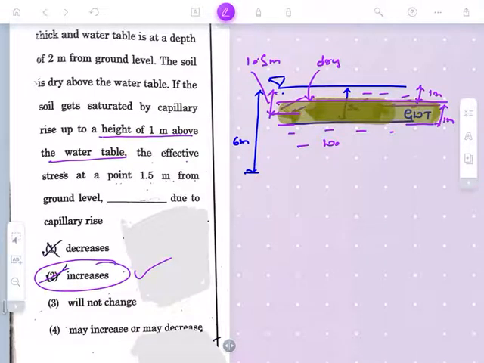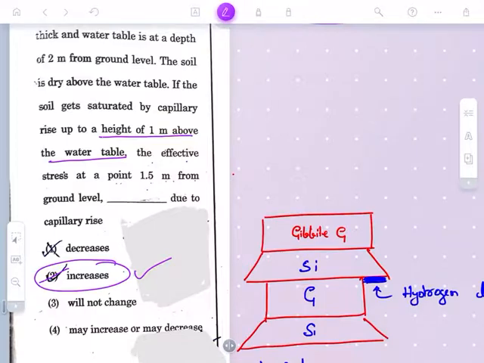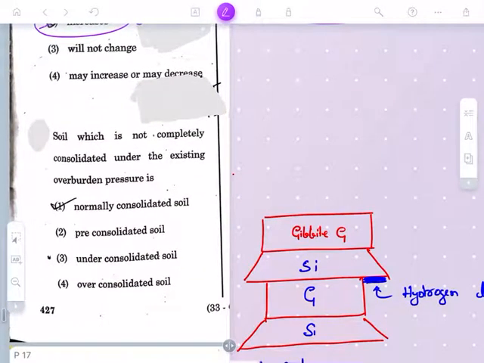So increase is the right answer because the water is getting entered. Effective stress is equal to total stress minus pore water pressure. The pore water pressure is going to take place where effective stress is going to get increased.